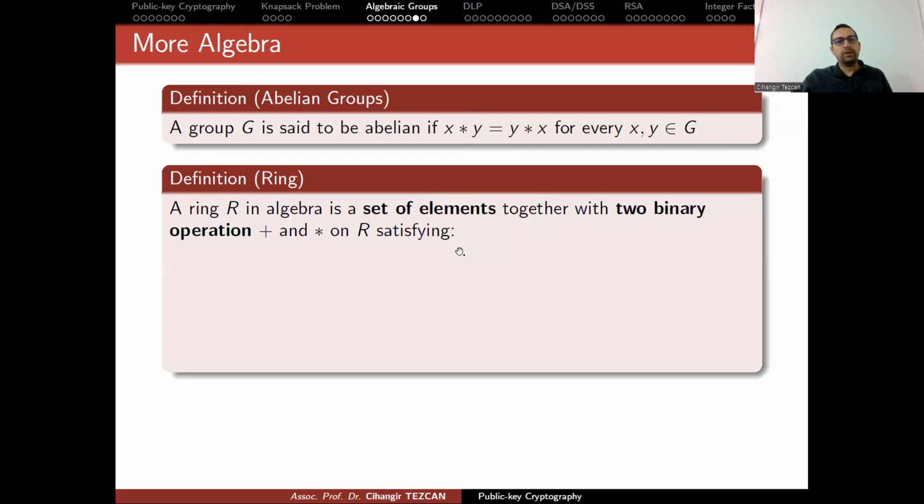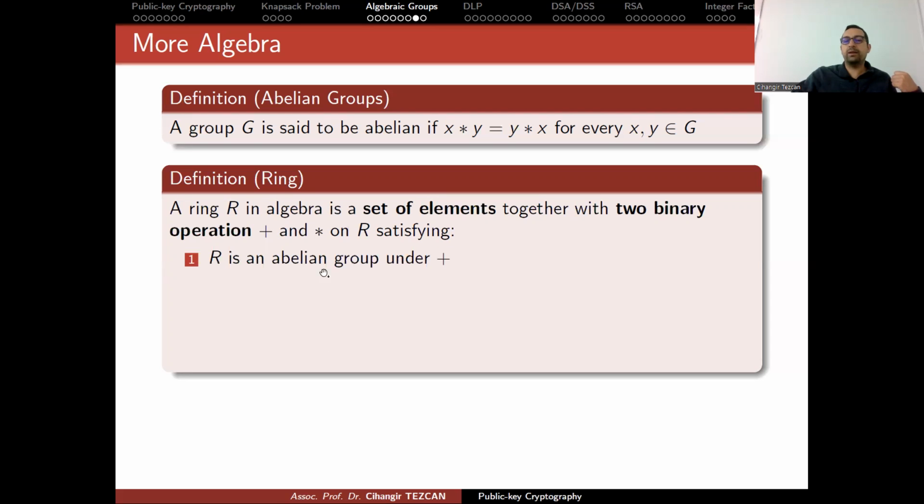Okay. So with this definition, we are moving on to rings, and then I will talk about fields. A ring R in algebra is a set of elements together with 2 binary operations, plus and multiplication. In groups, we were talking about a single operation. Now I have both addition and multiplication, and this should satisfy the following.